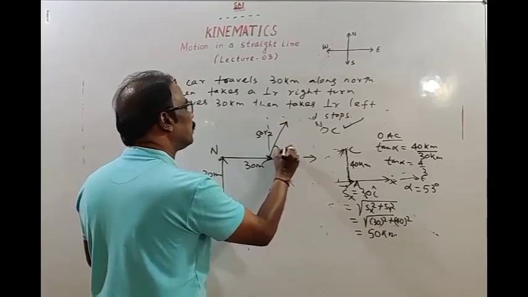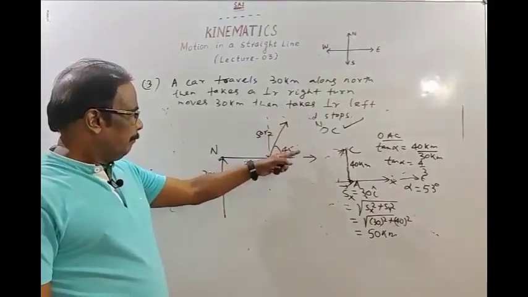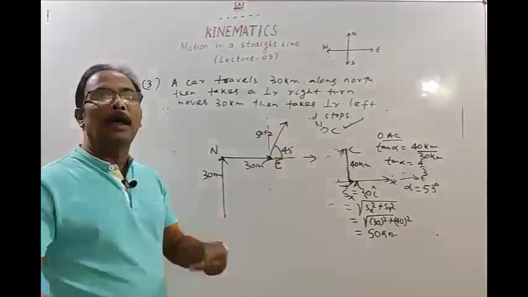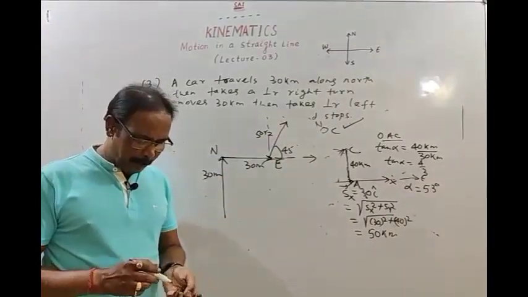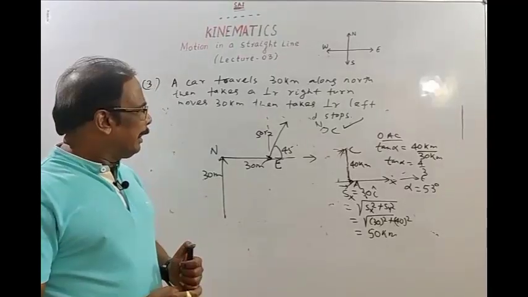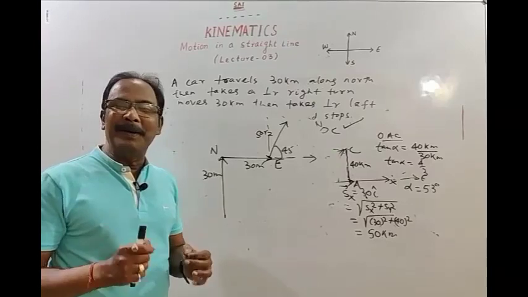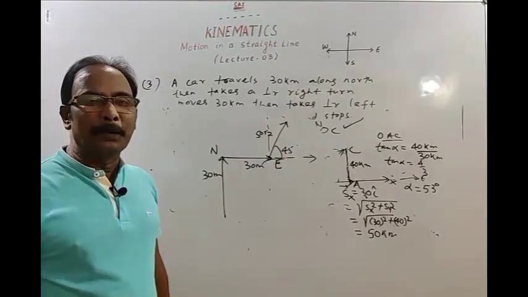So along northeast means this angle is 45. Then resolving 50 root 2 into 2 rectangular components of the vector. So we will approach this type of similar questions. So we can get some idea about the fundamental problems. You will think all these things on different questions. Okay.